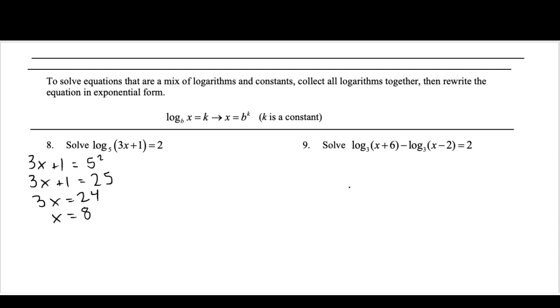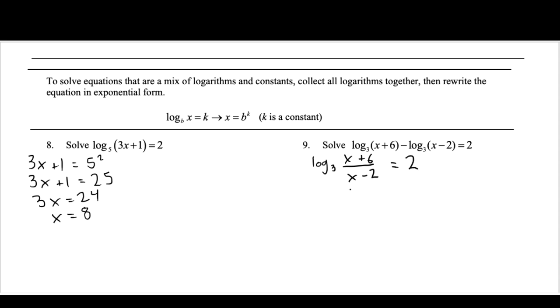Okay. Over here in this next one, what we see is difference of two logarithms on the left is equal to a constant 2. So the first step would be to consolidate the two logarithms into a single logarithm using the quotient rule of logarithms. I can write that as log base 3 of x plus 6 over x minus 2 is equal to 2.